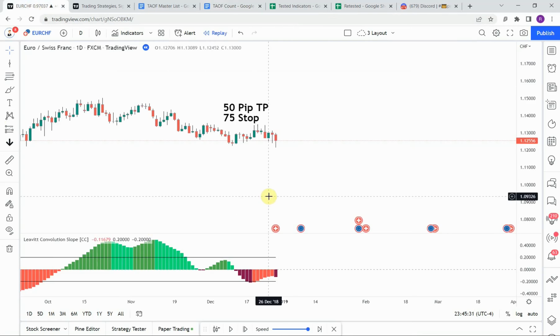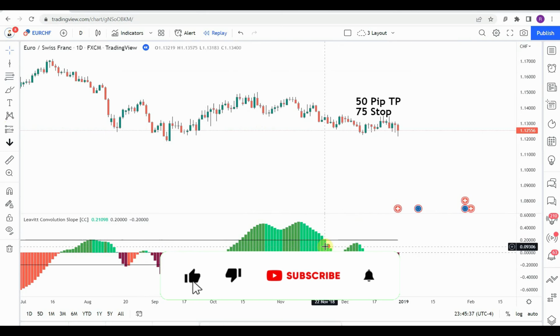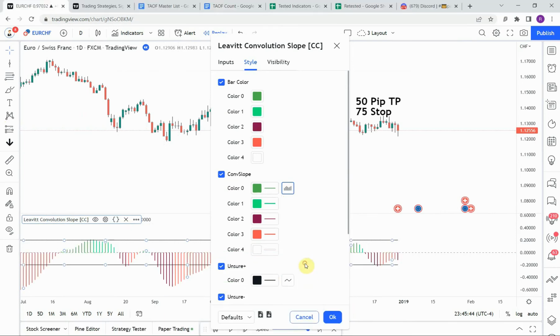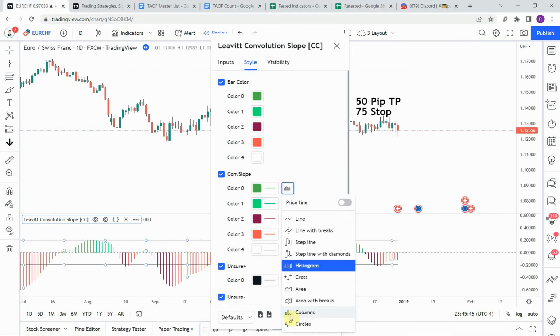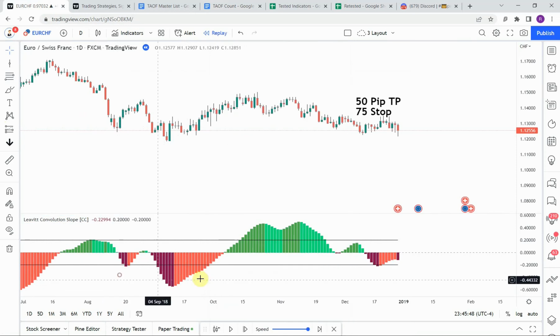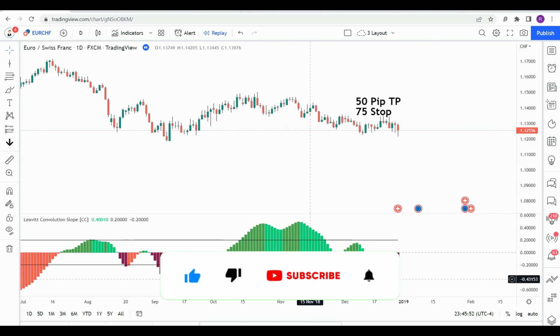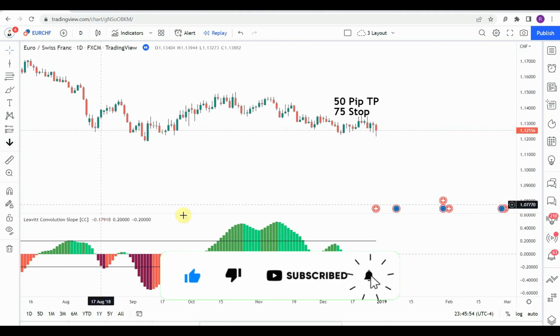Alright, so today's indicator is the Leavitt Convolution Slope Indicator, and you can see it here on the bottom of the screen. I did go in and make a slight modification. Originally this was set to histogram and looked like that, and I changed it to columns, which just makes it a little bit easier to see, a little bit visually better.